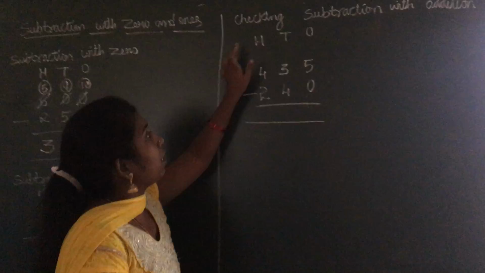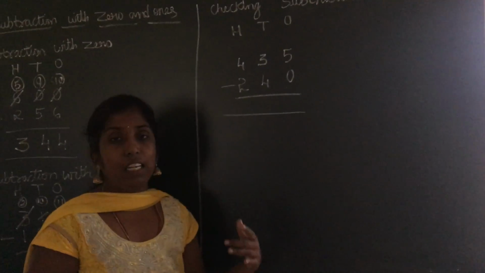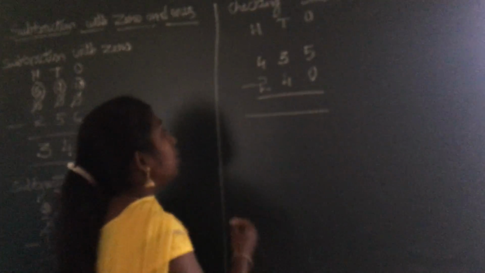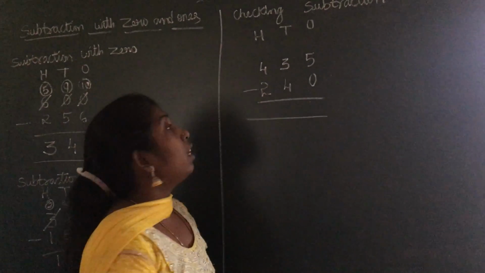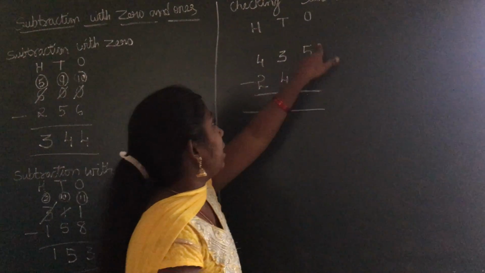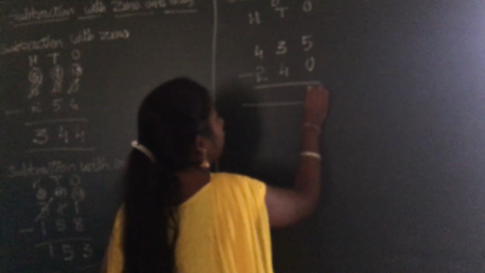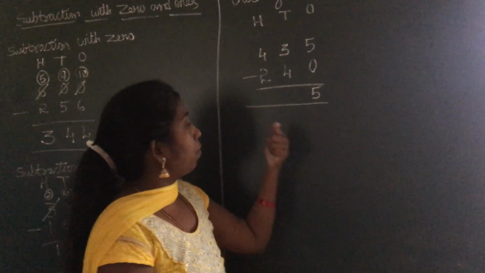Next, checking subtraction with addition. We are crossing the numbers and checking whether the answer is correct or wrong. So 435 minus 240. Subtract the ones column, 5 minus 0. 5 minus 0 is 5 itself. Then 3 and 4. We can't subtract 4 from 3.